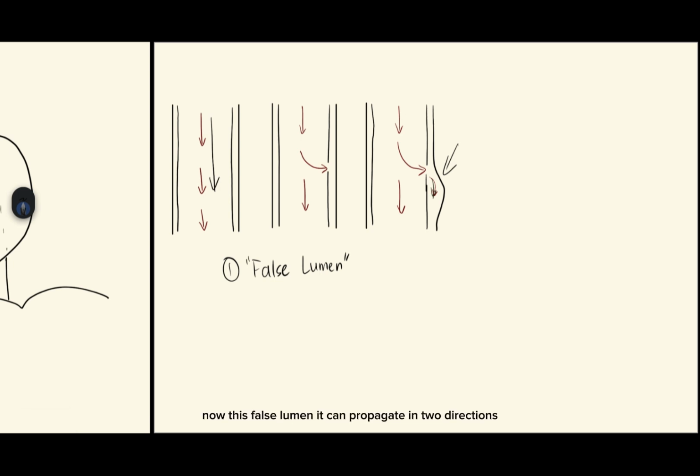Now this false lumen can propagate in two directions. Either it can propagate antegrade, whereby it would go downstream, or it can propagate retrograde, whereby it would go back to the aortic root and coronary ostia, depending on where there is more diseased media.